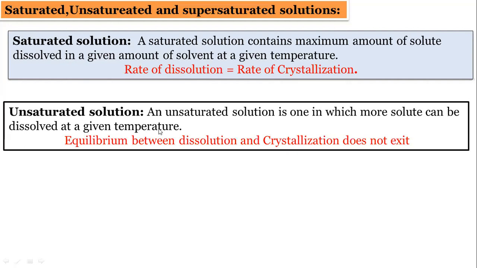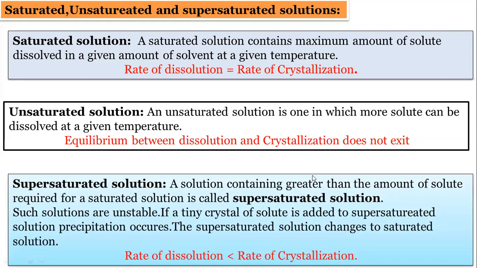We can dissolve more solute in an unsaturated solution, but in a saturated solution the maximum amount of solute is already dissolved. An unsaturated solution can be made saturated by dissolving more solute. Here, no equilibrium exists between dissolution and crystallization.